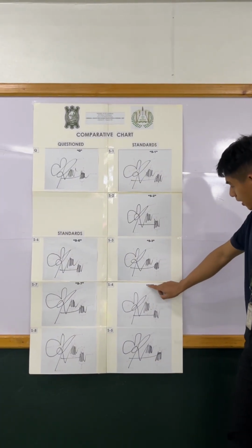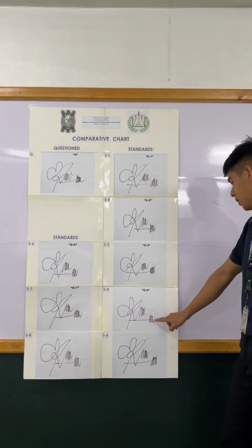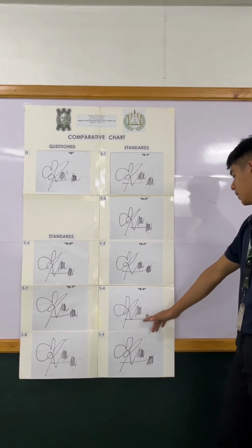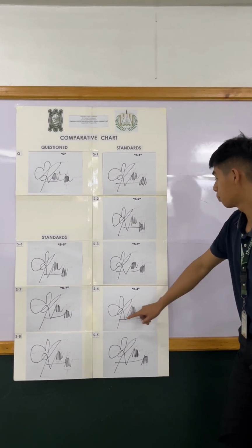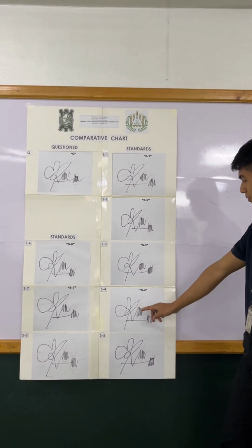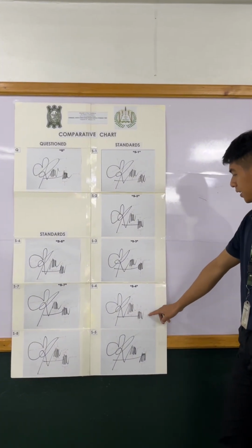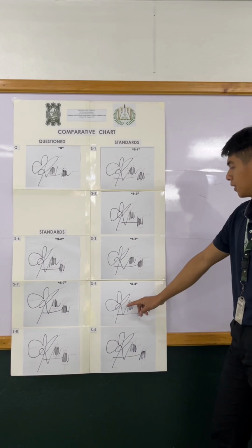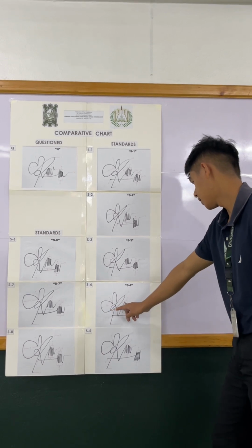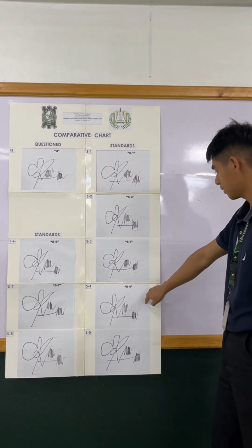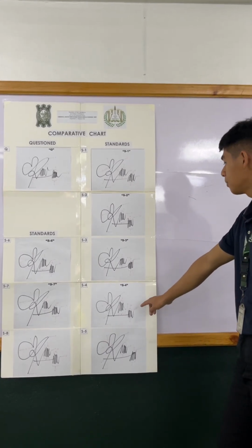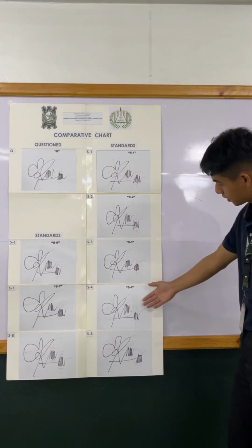So we are here to discuss the questioned signature. In the standard form, the movement is fast, and then the line quality appears to be poor. You can see there is irregular filling of the ink of the ball pen, and then the slant of the signature, the letter R, is slanted to the right, and the alignment appears here in the signature.